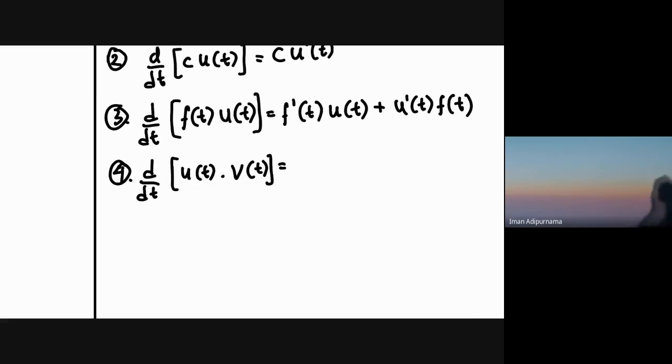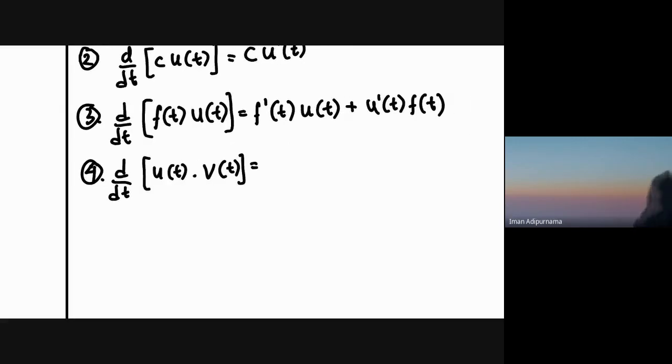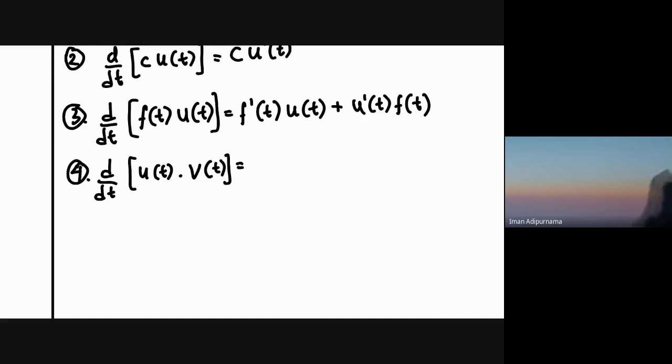So the dot product between them. Before I prove the dot product, let me just write it first, and then later I will let you see. So same thing as we have done before. This is also using a product rule, but with a dot.